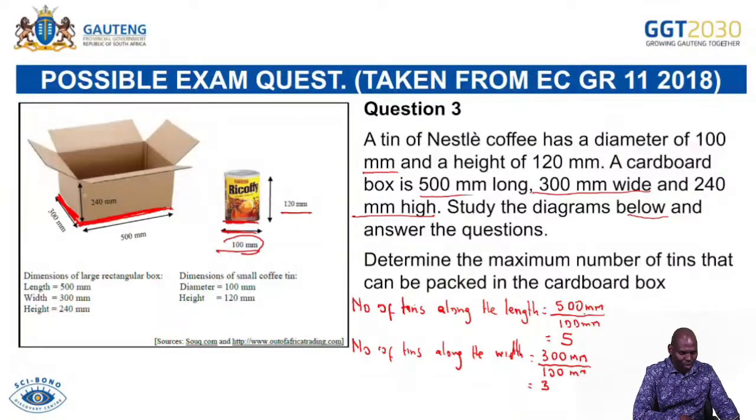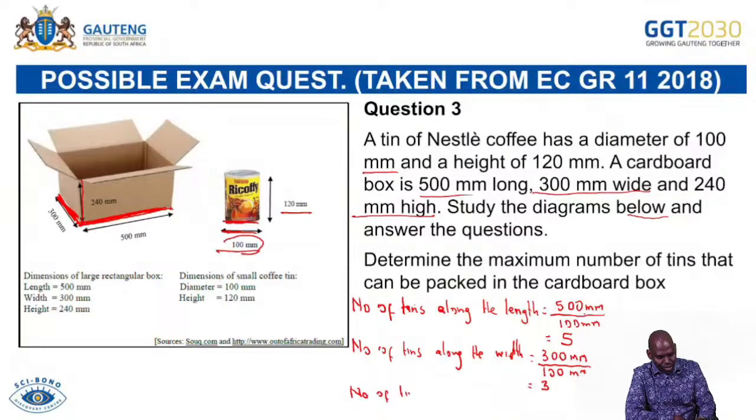Okay, then we now have to check the height wise. How many tins can be stacked together? In this case, we look at the height of the tin. So the number of tins along the height.